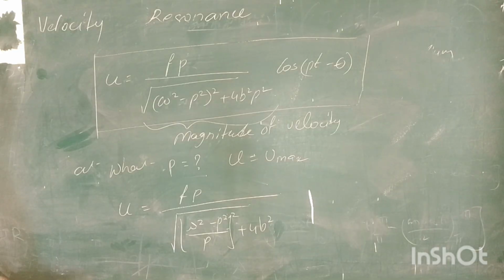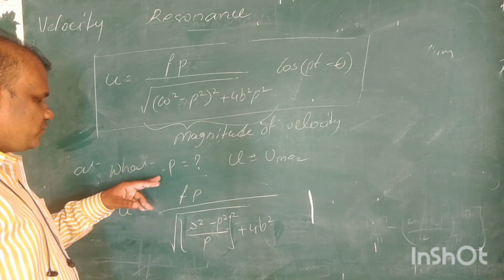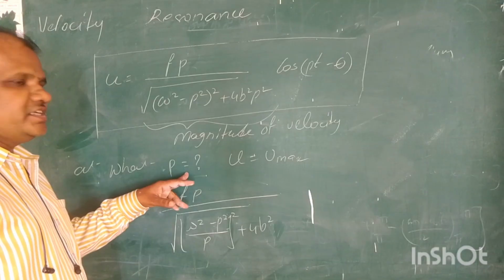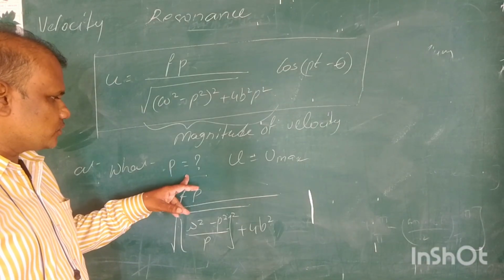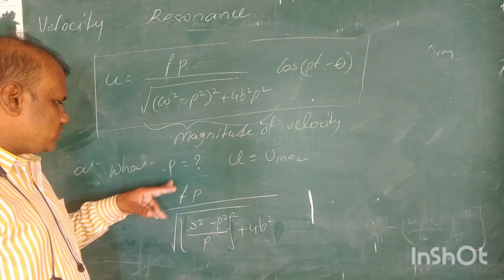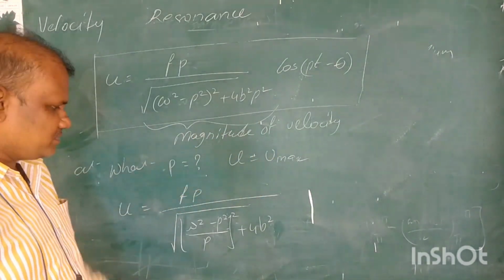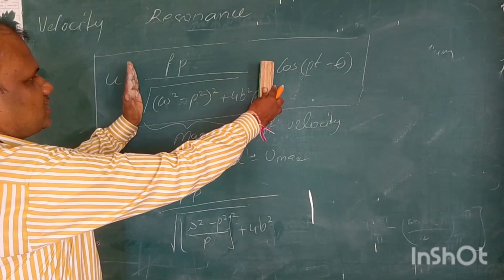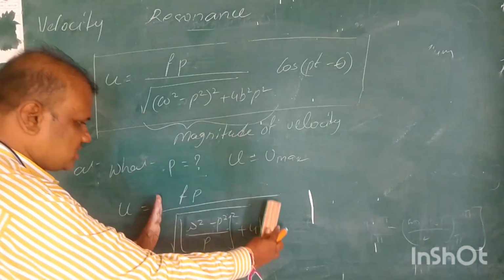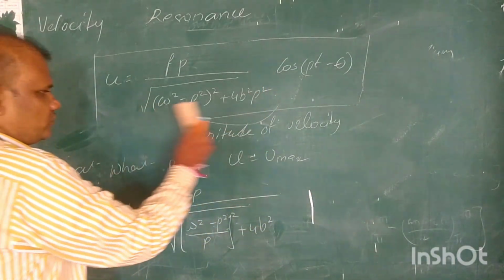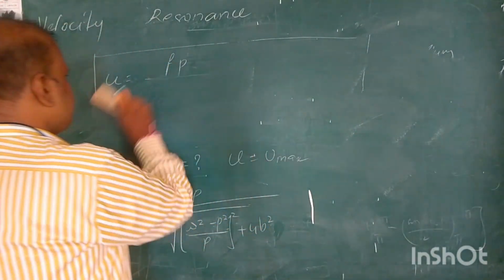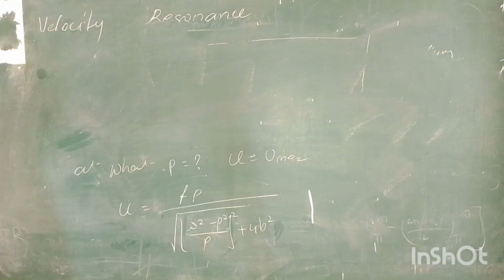Velocity resonance means we have to find the value of p, where p is the angular frequency of the external force, at which the amplitude, the magnitude of the velocity, becomes maximum.